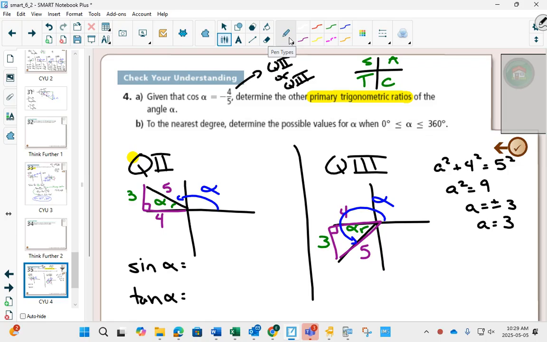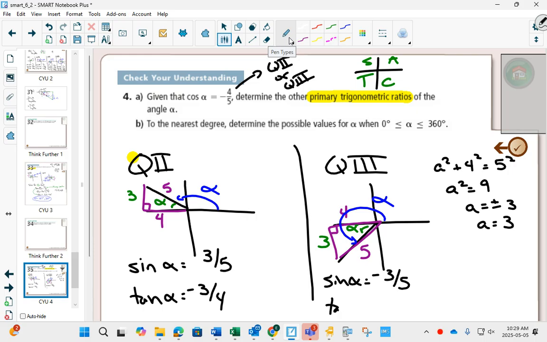So here, in quadrant 2, if I want to find sine alpha and tan alpha, well, sine is opposite over hypotenuse, would be 3/5. And tan is opposite over adjacent, but since it's in quadrant 2, it would be negative. And here in quadrant 3, sine is still going to be 3/5, but here it's negative.